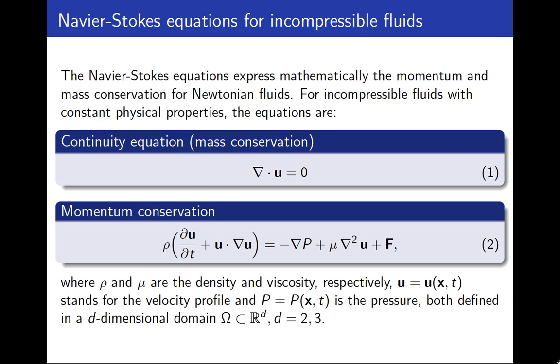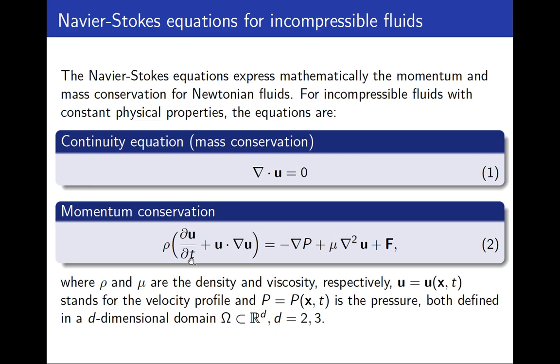And for incompressible fluids with constant physical properties, such as density and viscosity, we have these two systems of equations. The mass conservation equation is just the divergence of the velocity field, which has to be equal to 0. And then the momentum conservation equation is Newton's second law for fluids, where on the left hand side we have two derivatives.